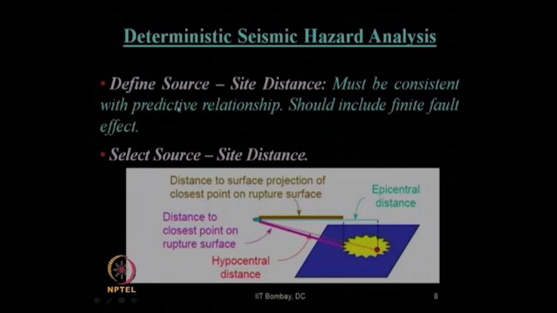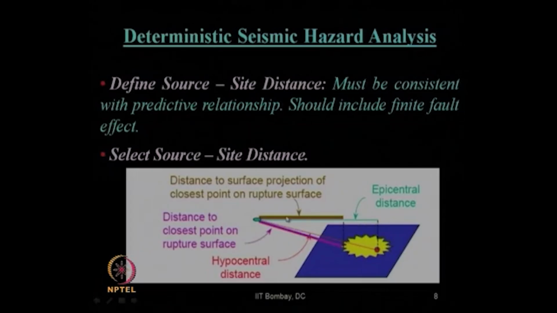Then we need to define what is known as source to site distance, and for defining that, we always select the minimum distance from the source to site, and it must be consistent with the predictive relationship, that is, whatever predictive relationship of attenuation we are going to use for that site, that corresponding distance we need to consider. There are several distances.